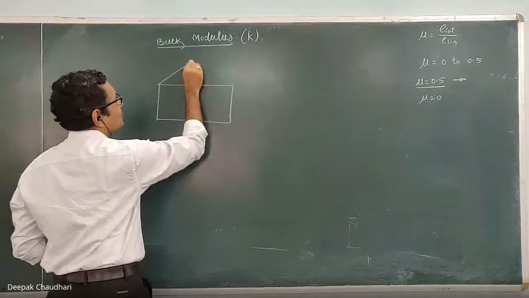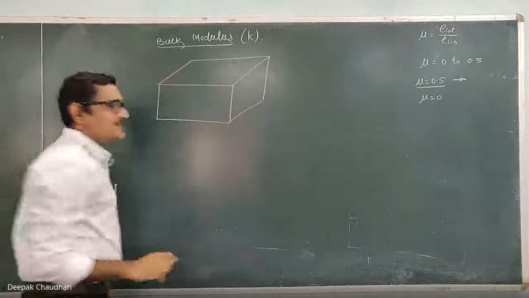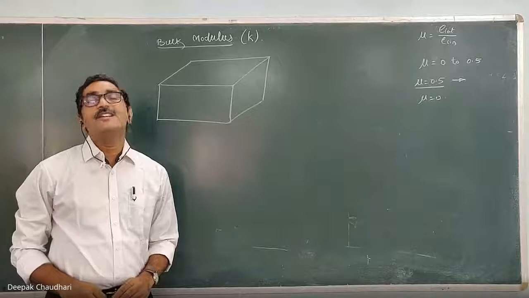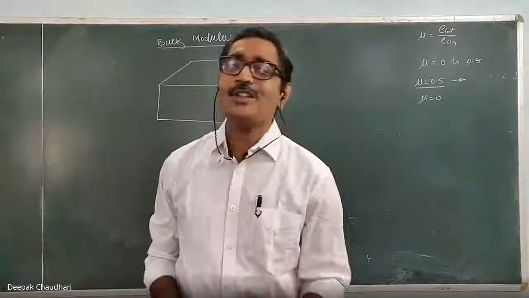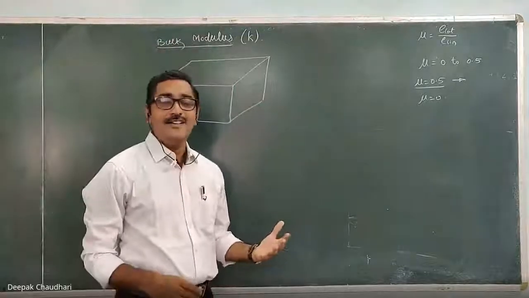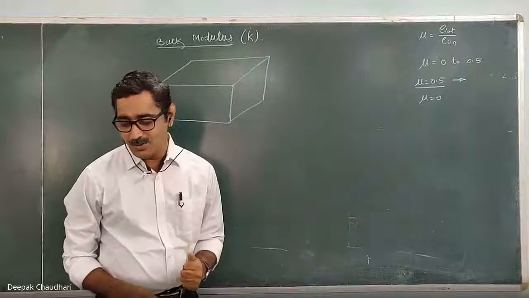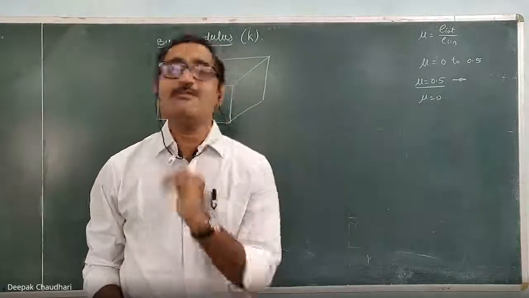Let's consider one cuboid which is subjected to the triaxial stress system, and these triaxial stresses acting on this cuboid are equal in magnitude and the same in nature. Means they are identical and of equal magnitude.